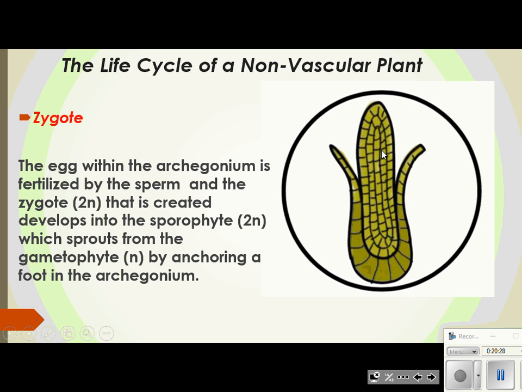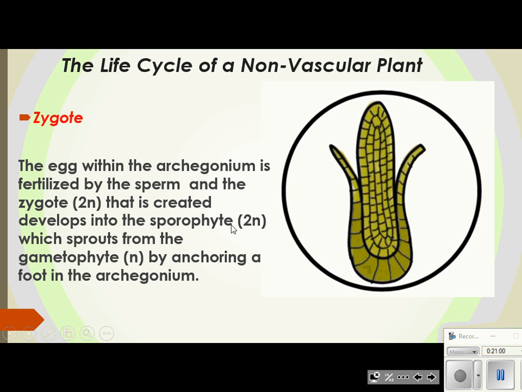So which is the diploid part of this particular, let's say, moss? What's 2N? What do you think? What's 2N? The sporophyte. So the sporophyte in the life cycle of the moss is 2N.